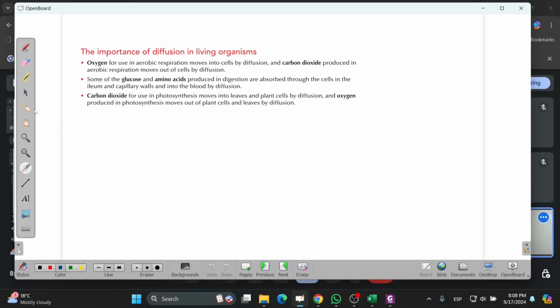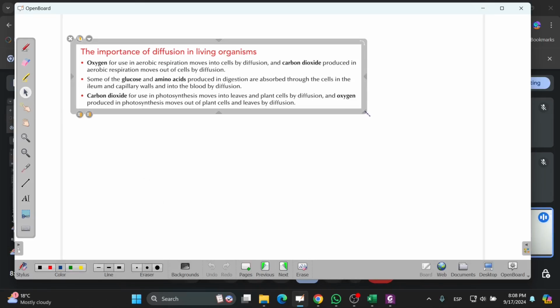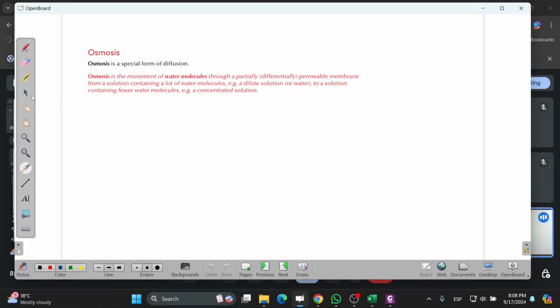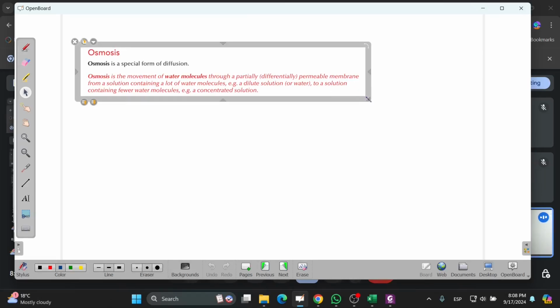So look, the importance of diffusion in living organisms. I already explained this one, the diffusion of oxygen and glucose and carbon dioxide. So I'm going to leave this on the video for you to read over later on, right? And here is the importance of osmosis, right?